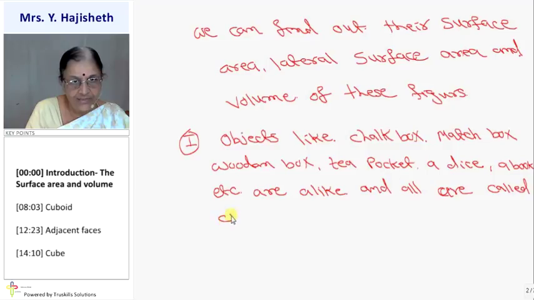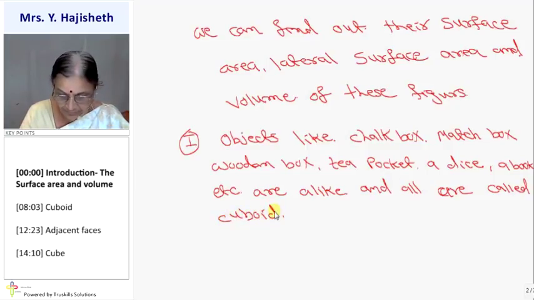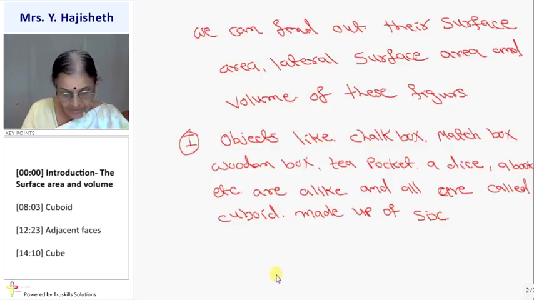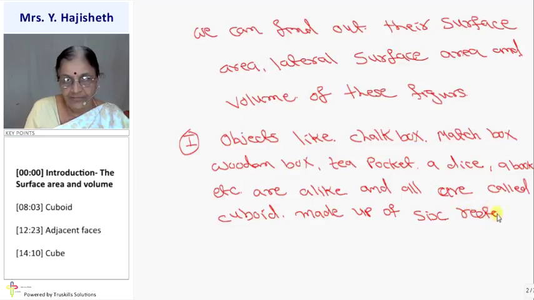They are cuboid in shape. All these objects are made up of 6 rectangular plane regions.